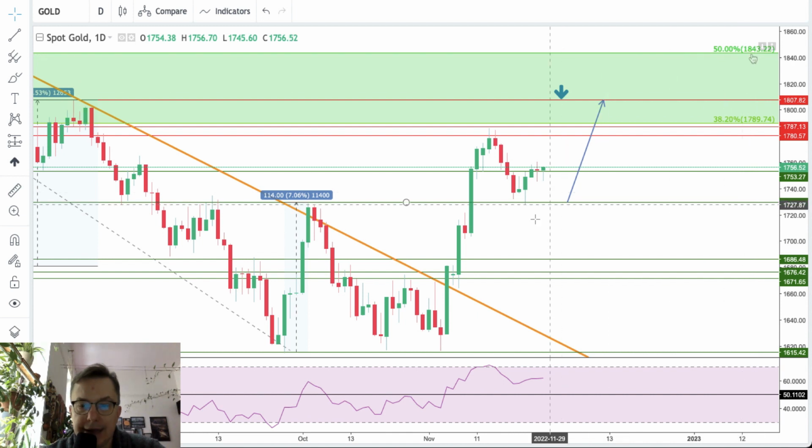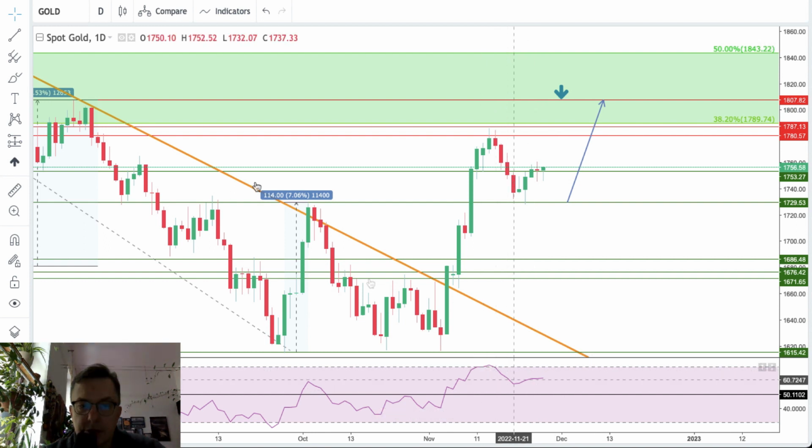So as long as 1,729 technical support holds, the outlook remains bearish, and the daily momentum supports this kind of outlook.